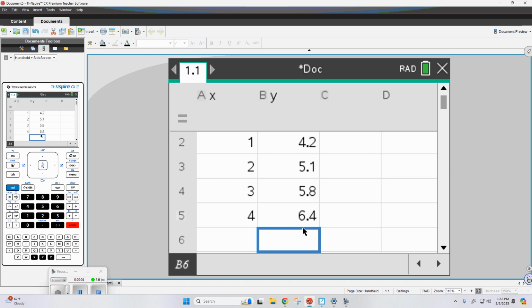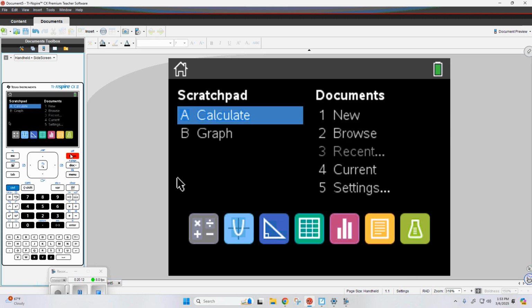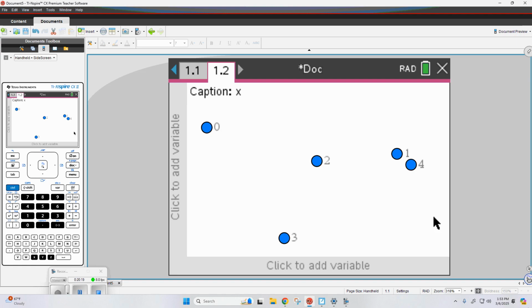Ryan, where do I go from here? Go back to the menu. Okay, go back to home. Then we want data and statistics down at the bottom. Now, Ayla, how do I organize the information?